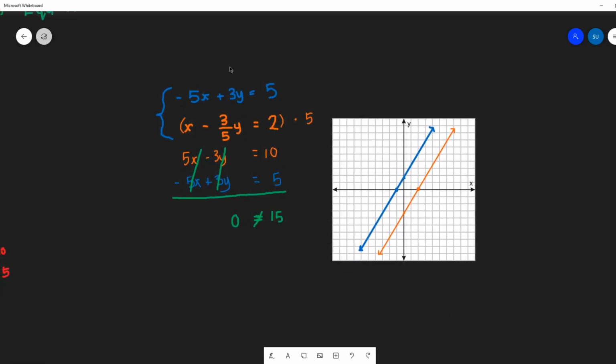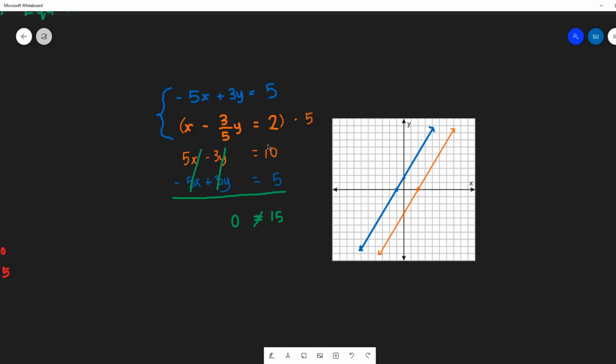So how can we determine this from early on? Well, you can see that when I multiplied by 5 here, you had -5x plus 3y equals 5, and it looks very similar to this one, but we have the same expression, so to speak, on the left side, but on the right side we have different numbers.